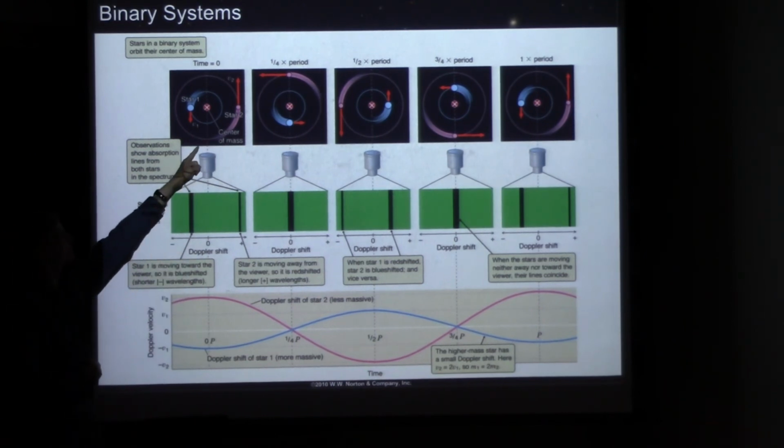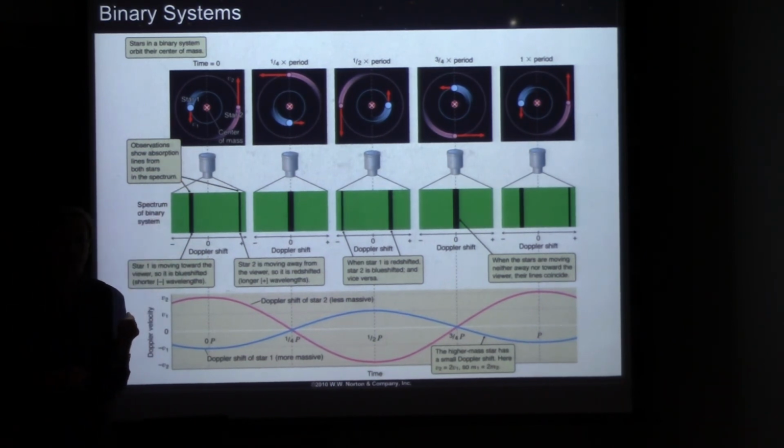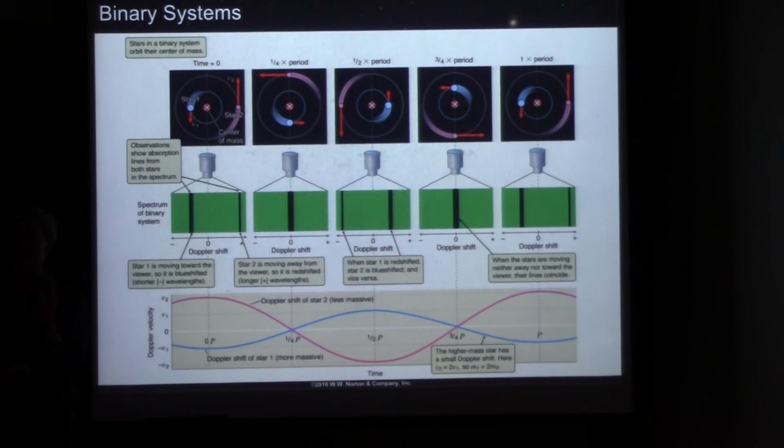In the case of the circular orbit, if you measure the maximum Doppler shift so that you get the maximum speed towards or away from you, that's the actual speed that the star is moving in its orbit. And that times the orbital period, how long it takes the dance of the spectral lines to repeat itself, is the circumference of the orbit. In other words, we know how big the orbit is.